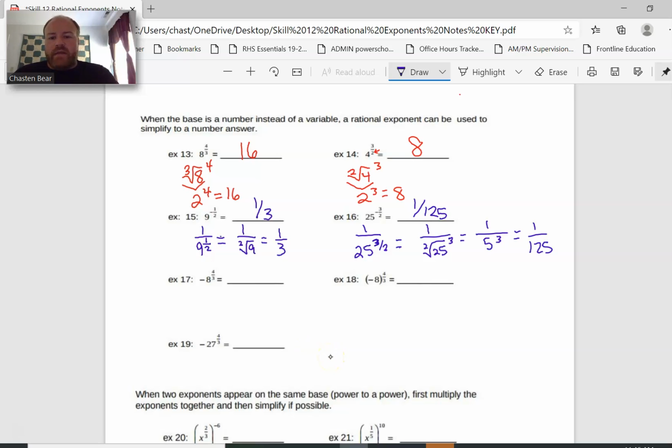Now the next one, this is negative 8 to the power 4/3. Okay, so on this one, the negative is not a part of the exponent, so I leave the negative there. And then I have 8 to the 4/3, so it's cube root of 8, and then to the 4th power. Cube root of 8 is 2. 2 to the 4th is 16, but we have that negative, so the answer to this one is negative 16.